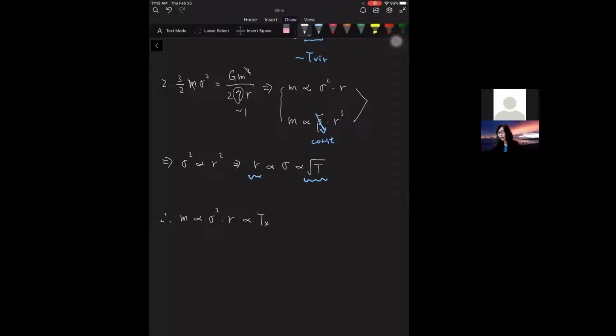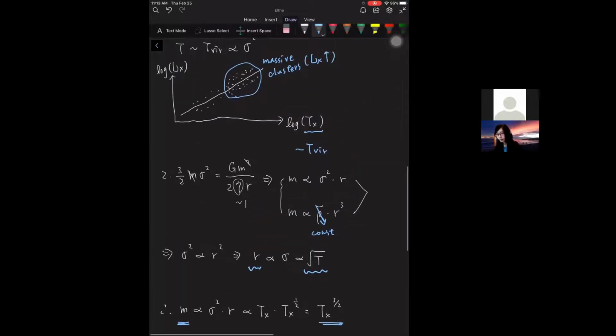And then R is proportional to square root of T. So here we have square root of T, and that gives us T to the 3/2. So now we have a relation that the mass is proportional to T to the 3/2.